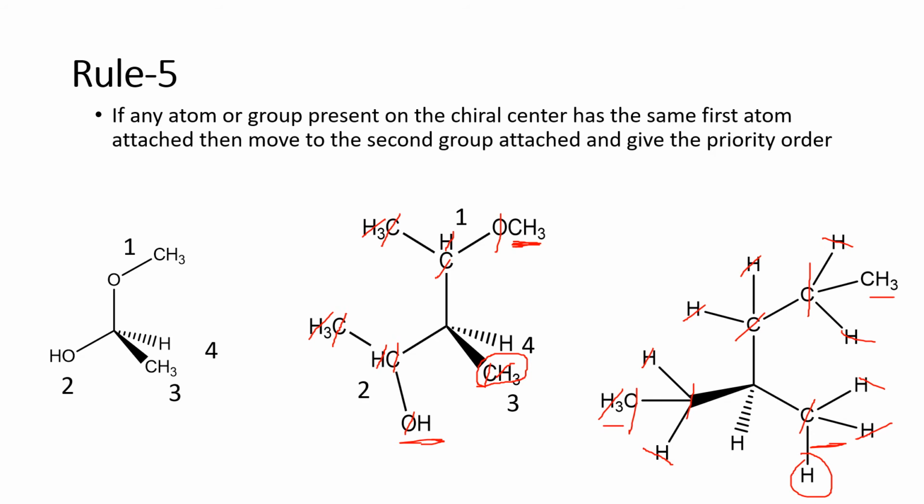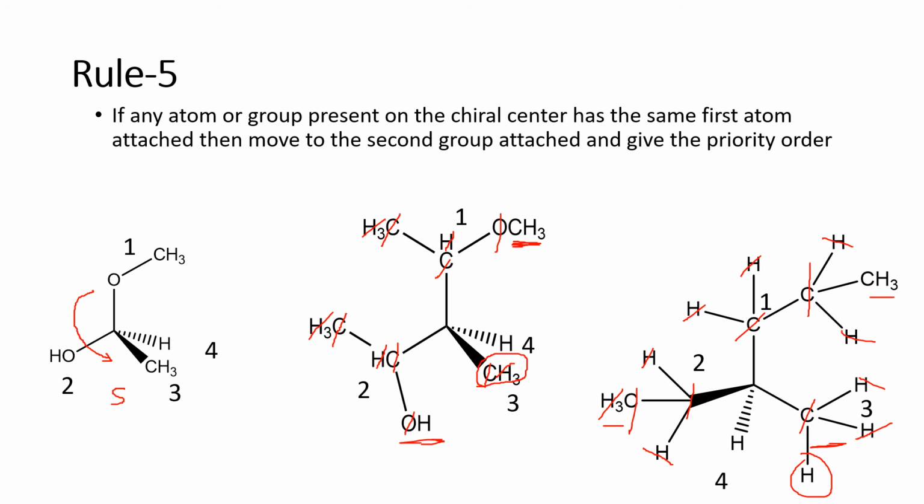So it is given the highest priority. So 1 is this one, 2 is this, 3 is this and 4 is this. Okay. Now you hold this fourth one and give the R and S configuration. Now you are turning from 1 to 2, 2 to 3. So this is the arrangement. So it is called S.